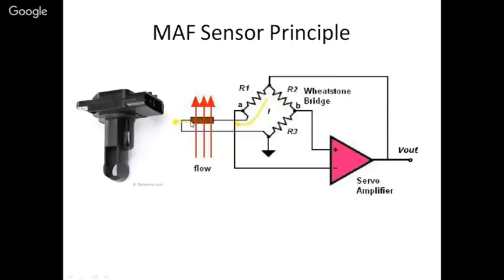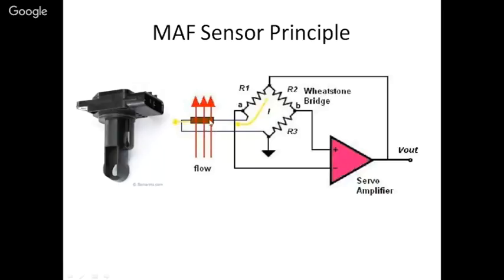film on a substrate which is heated by a current through it. Now when the airflow occurs across this film, the film will lose its heat.